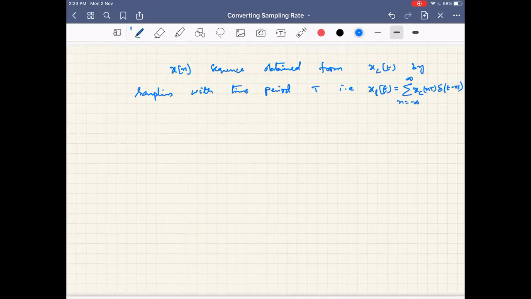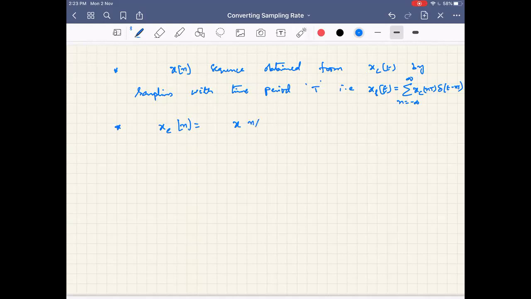From this xs of t, we have x of n by normalizing with the time period capital T. It may have some spectrum, and we will sketch it roughly. Now the expanded signal xe of n is obtained from x of n. How is it obtained?